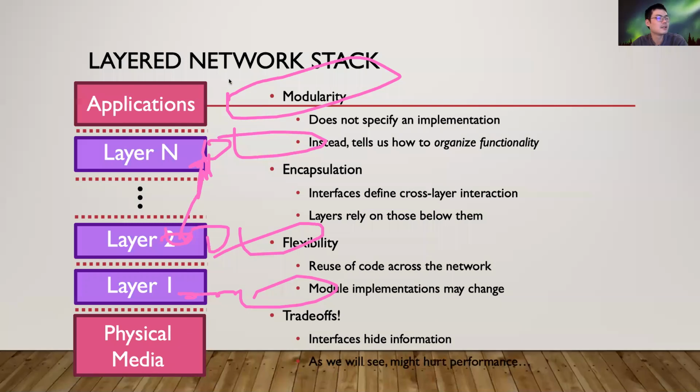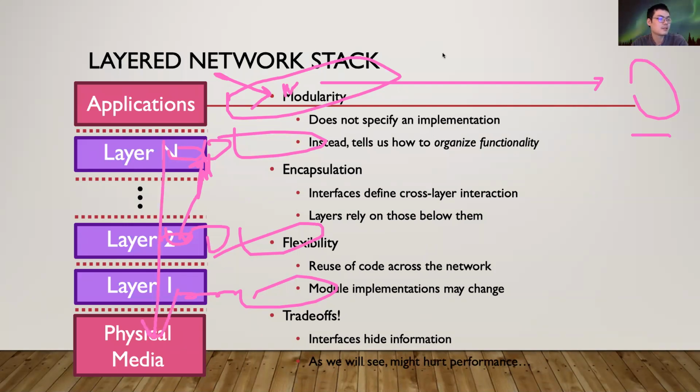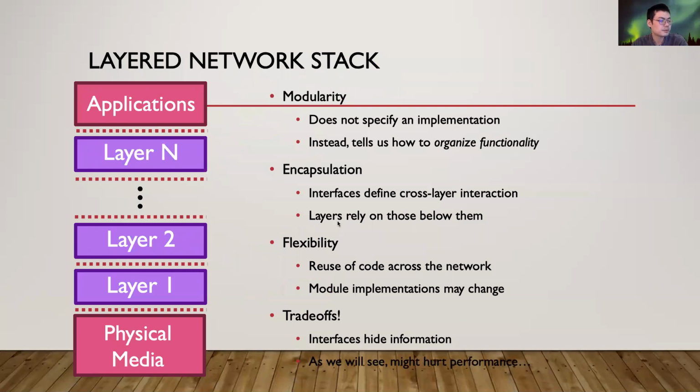The final layer is where you care about the web pages. You want to visualize the web page by asking the server, and you don't care about its IP address. So in the application layer, we have the domain name, so you don't care about a lot of the details. But down there, the network stack is helping you achieve all those things. So this is encapsulation, and there's also flexibility, which we have seen before.